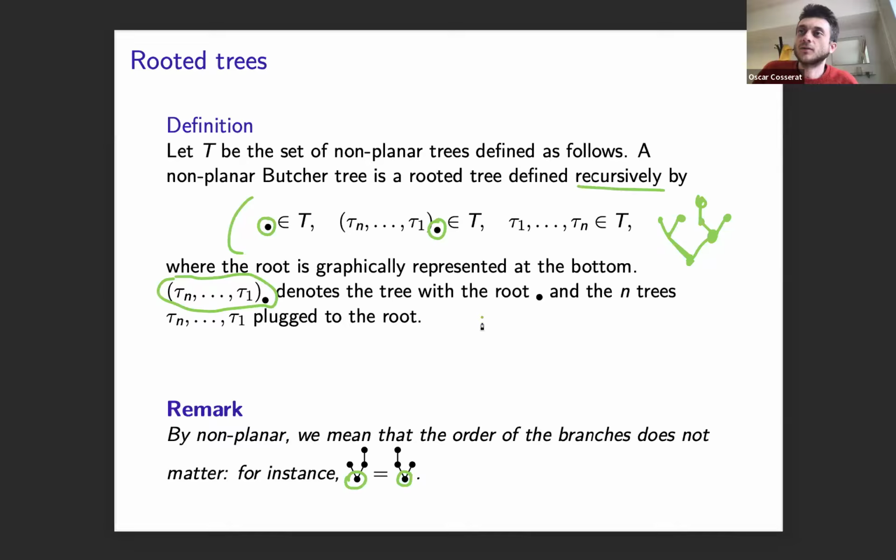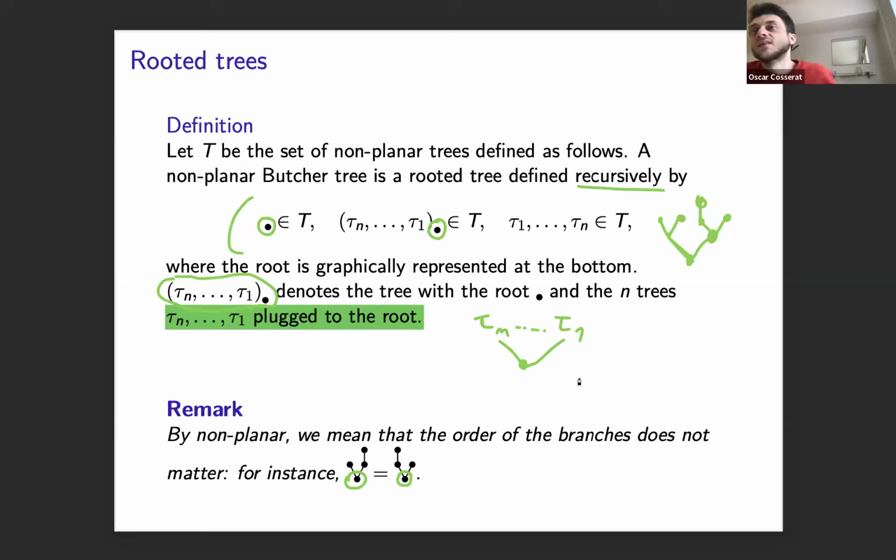So let me write tau n plugged to the root, and then again all the tau n minus 1 until tau 1 that are rooted also to the root.